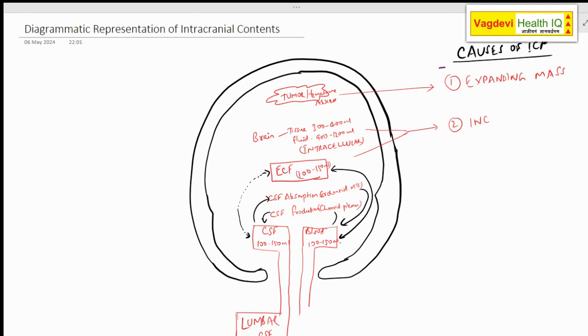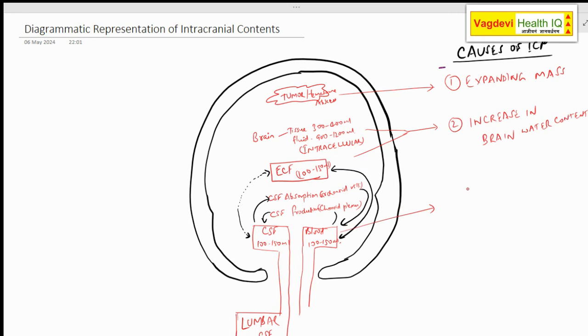It is an increase in, we will keep it very simple, brain water content, right? Basically this.